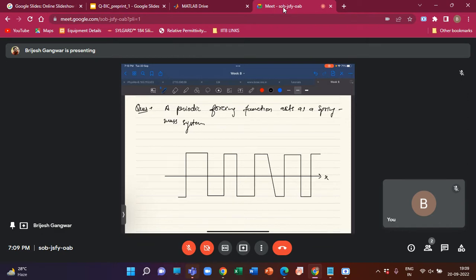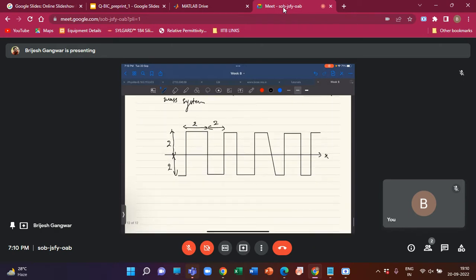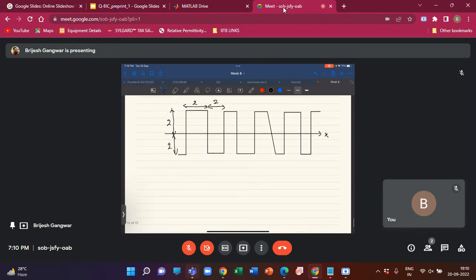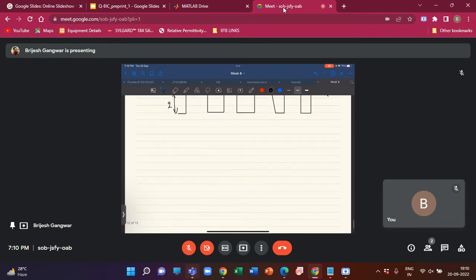So this period is 2, this is also 2, this is also 2, and this period is also 2. So we consider one function like this that acts like a spring mass system, like a particle moving from here to here, and then coming backward in this direction.